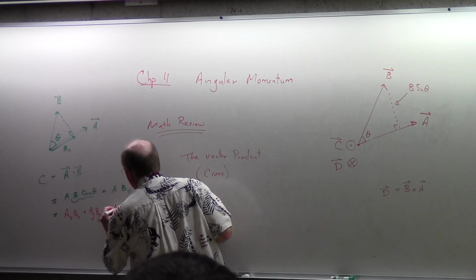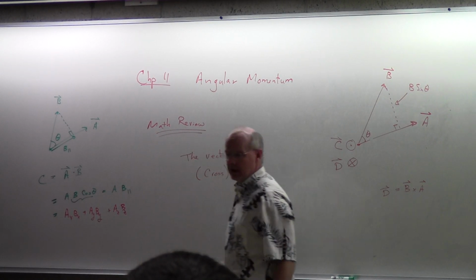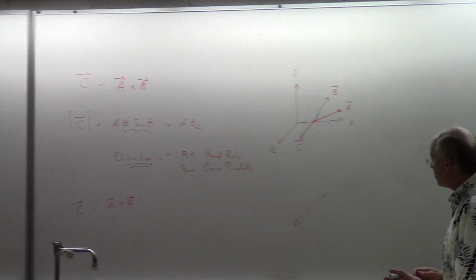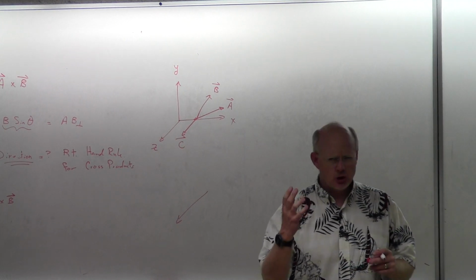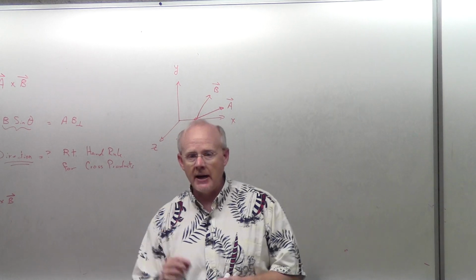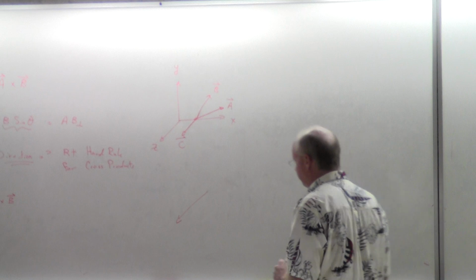We just have A in the z direction and then B in the z direction, and so that's hopefully pretty obvious. But the cross product in 3 dimensions requires you to know how to do a matrix and a determinant of a matrix, which you may or may not be familiar with. So let me show you. Here's what it says to do.